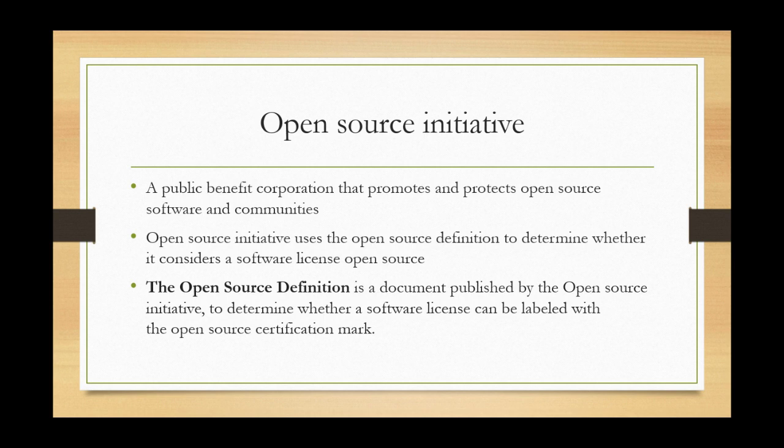So if you come to develop an open source software, then for it to be officially known as an open source software, it must adhere to the open source definition, and that definition is published through a certain document that we call the open source definition. So that is what it means by an open source definition.